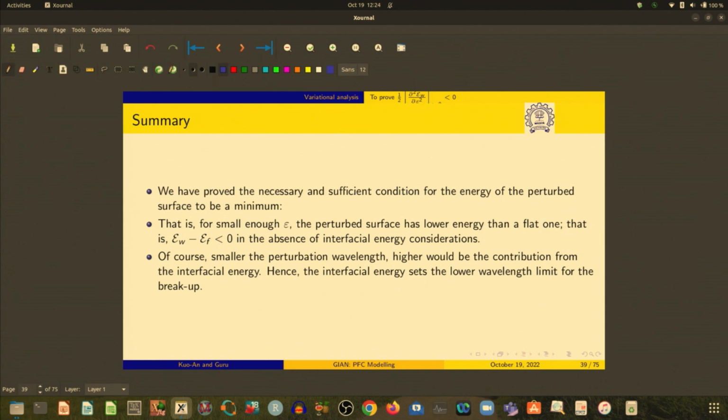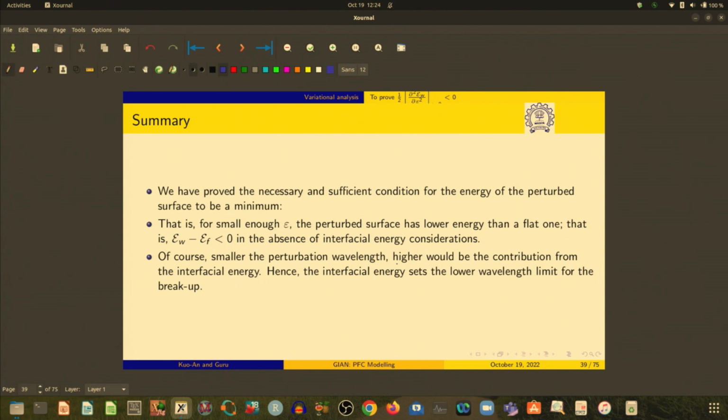Now, we have looked at one end, so it should be small enough that it will break up, but as the surface breaks up, you see that the interfacial area increases, which means there is a wavelength below which the interfacial energy increase will be more than what it can gain by relaxing the elastic energy. So, any wavelength below that will not be promoted. So, that is what it is.